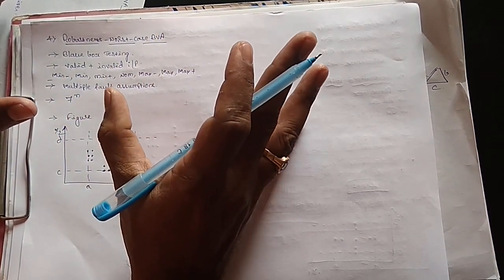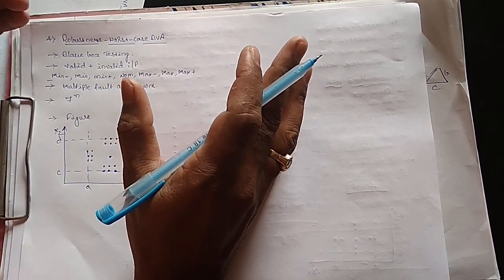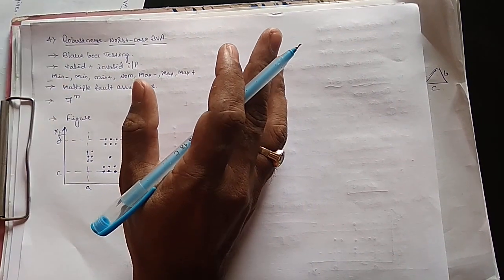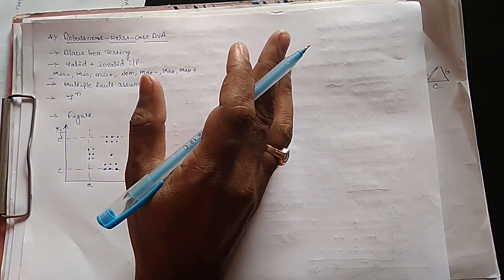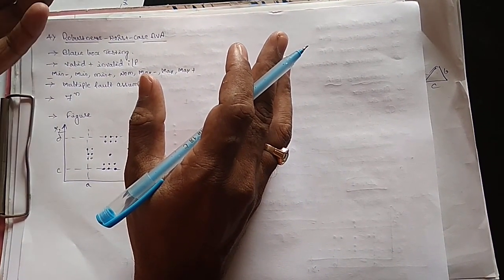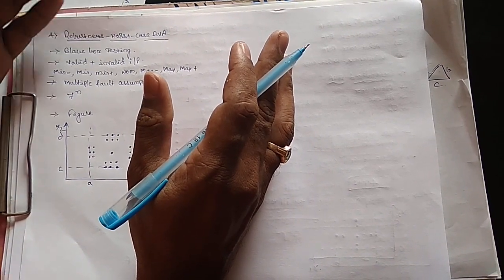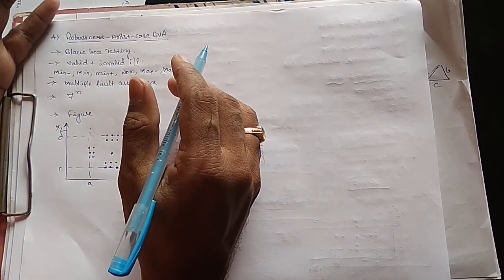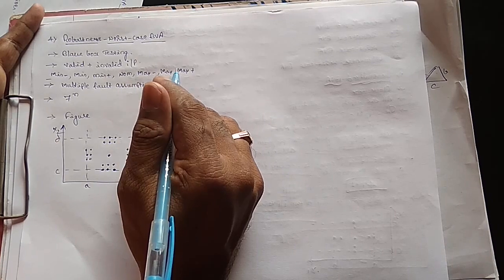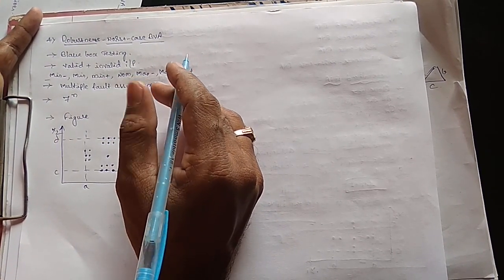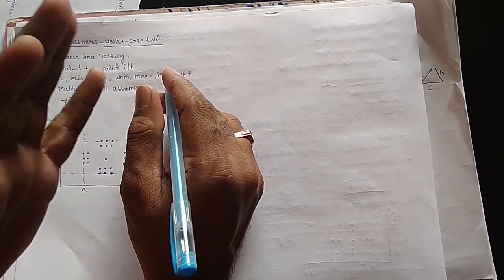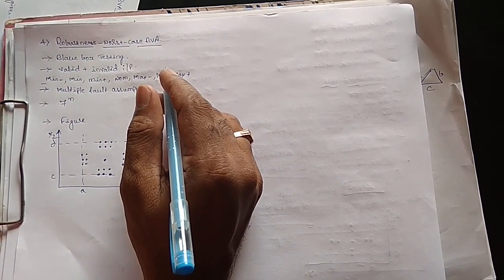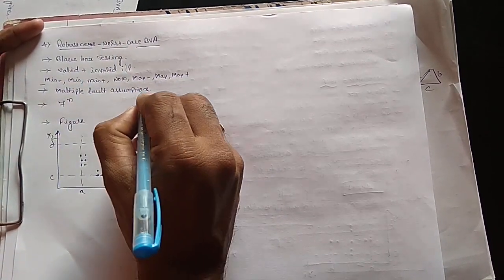Multiple fault assumption means that more than one input variable value, or even more than two, are changed. There is no hard and fast rule to maintain all the input variables. We just keep changing the input variable values with respect to the occurrences. That is the meaning of multiple fault assumption.